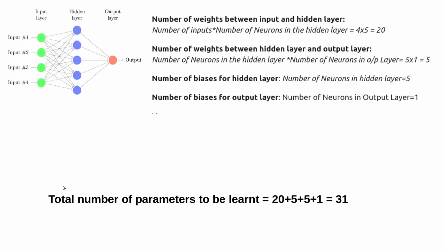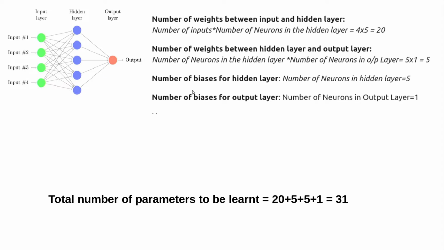The number of inputs times the number of neurons in this first layer is 4 times 5. Then the number of weights between the hidden layer and output layer would be the number of neurons in the hidden layer times the number of neurons in the output layer, which is 5 times 1.